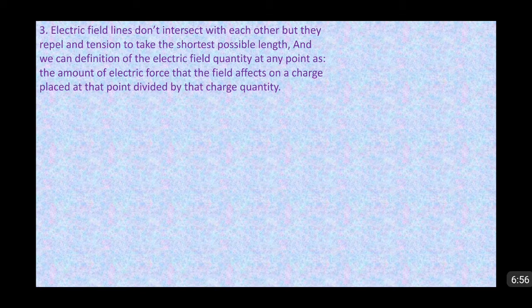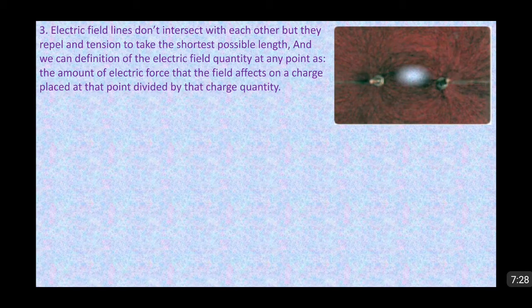Third, electric field lines don't intersect with each other, but they repel and tend to take the shortest possible length. We can define the electric field quantity at any point as the amount of electric force that the field exerts on a charge placed at that point divided by that charge quantity.